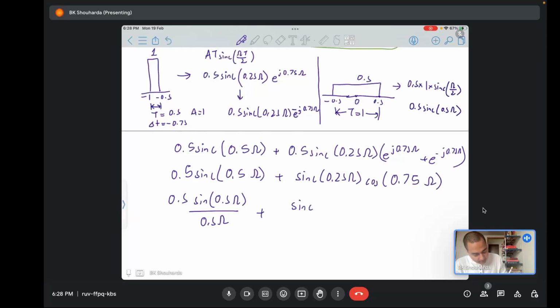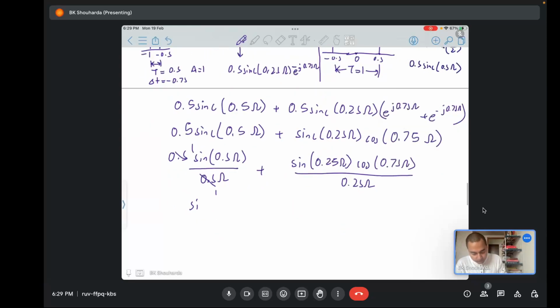Now I break this down further. Sine 0.25 omega cos 0.75 omega, and what is the denominator? 0.25 omega, omega upon omega.